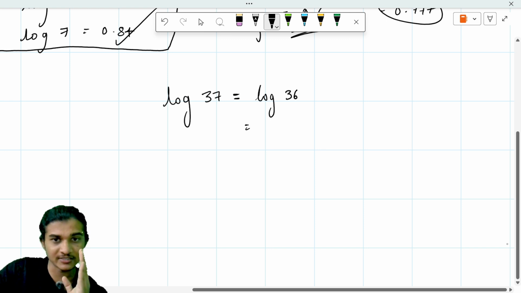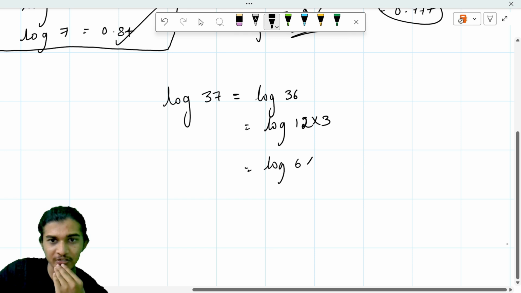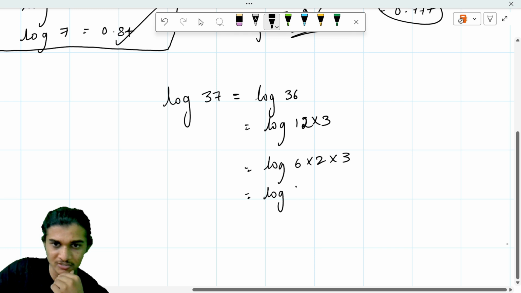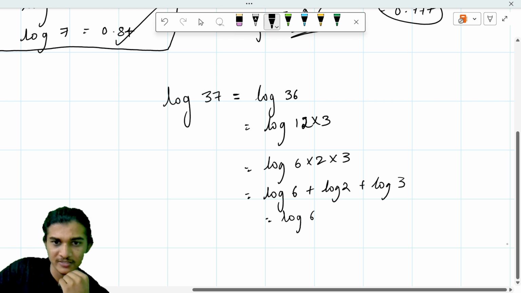So I'm going to write it as log 36, then as log of 12 into 3. Then I can write it as log of 6 into 2 into 3. Then I can use the formula. I can write it as log 6 plus log 2 plus log 3. And then you have again log of 3 into 2 plus log 2 plus log 3.